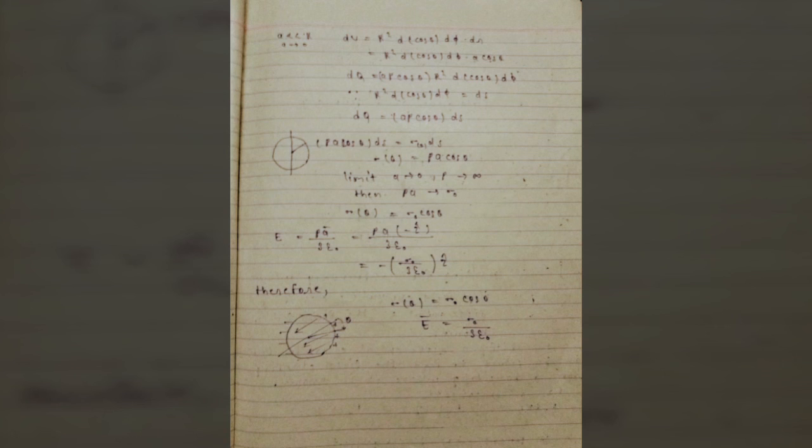What do we conclude? We conclude that if I have a sphere over which sigma depends on the angle from some axis, if you go away by an angle theta, and sigma theta is sigma 0 cosine of theta, so that it is positive all over here and negative on the other side, the maximum being along this axis and then it diminishes and becomes 0 here, then the E field is constant inside, as given by sigma naught over 3 epsilon 0, pointing from the positive to the negative side.